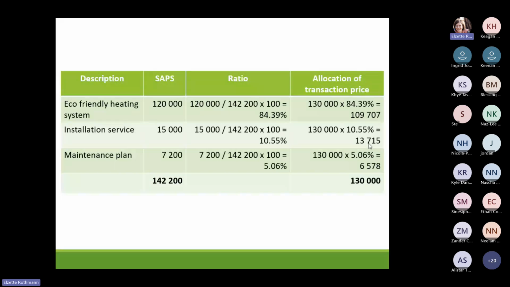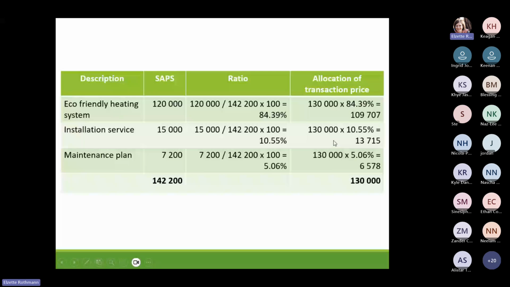And then on the maintenance plan, the same story. We cannot recognize 7,200. We can recognize a maximum of 6,578. Okay, so that's the calculation of the total revenue that can be recognized.